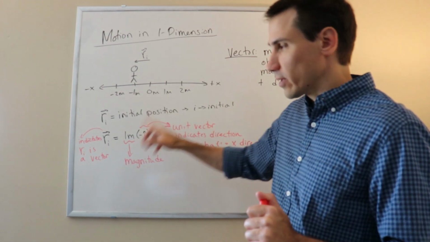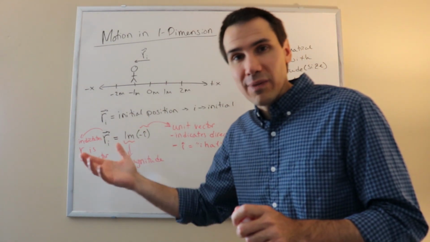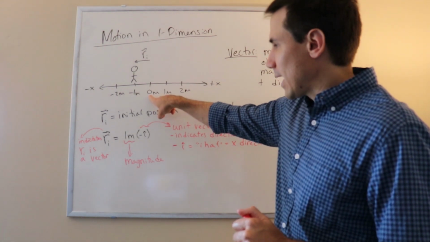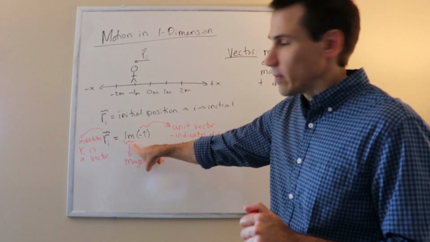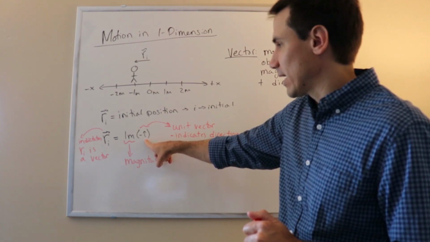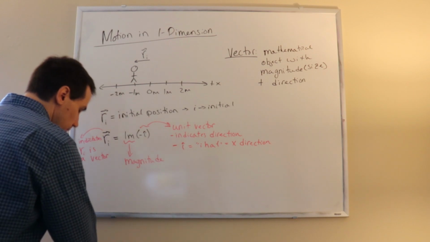To get there, I start at the origin, because I'm always measuring my position from the origin. I walk 1 meter. In what direction? I walk in the negative x direction. That's what the negative i hat says. I can rewrite this, and I typically will.